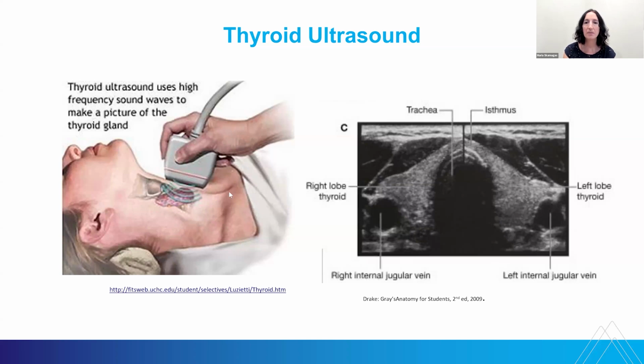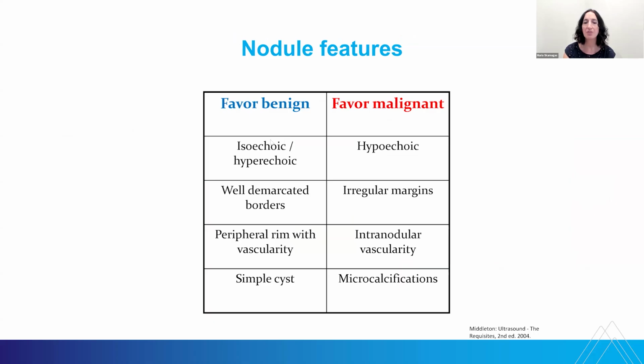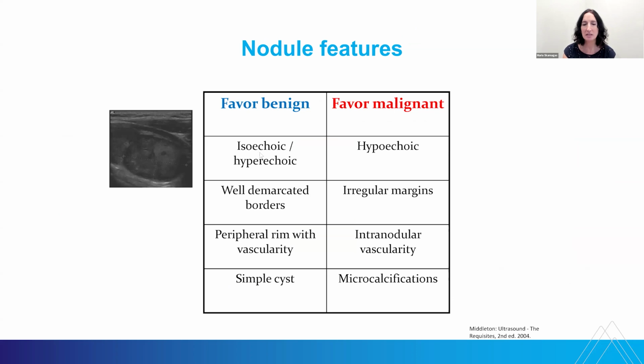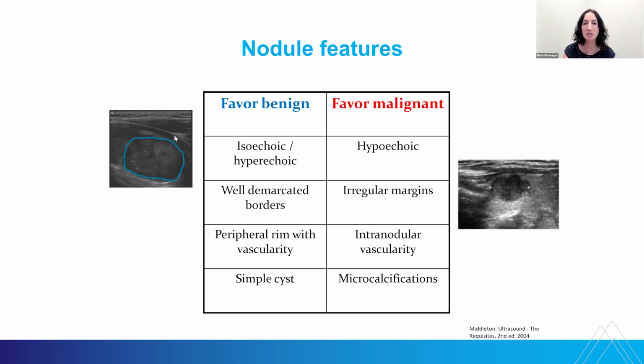Features of the nodule that favor it being benign include if it has an echogenicity that's similar to the rest of the thyroid gland, so it's isoechoic or hyperechoic. If it has well demarcated borders, as you see here, if it has a peripheral rim with vascularity, you'd have to put the Doppler on to see that. Or if it's a simple cyst, meaning it's completely anechoic, these favor benign.